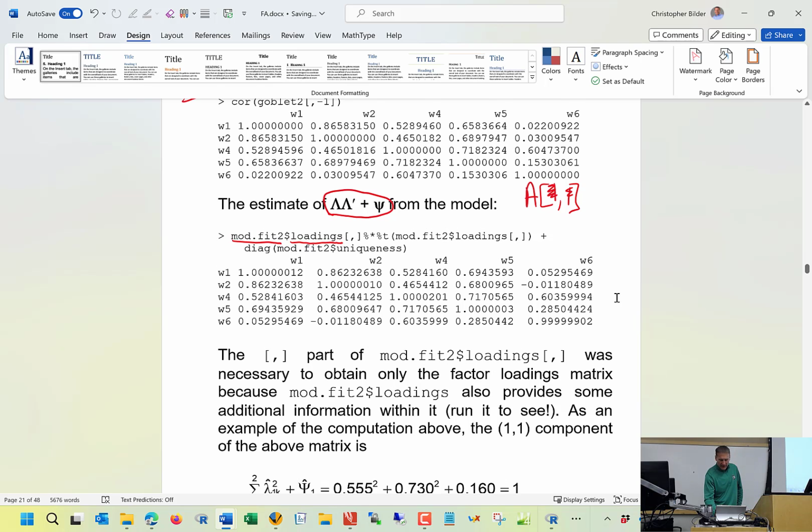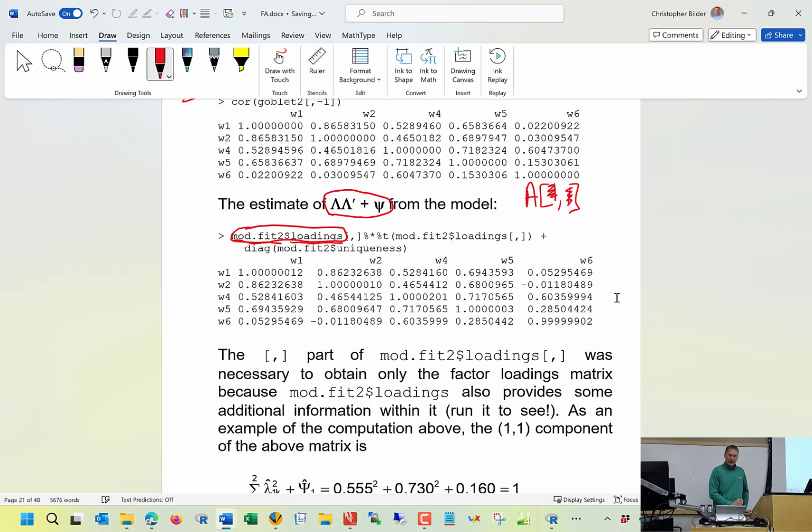If I actually put nothing in there and just put a comma, I get the entire matrix. And I urge you to, after class on your own, because we're running out of time, I don't want to go through the details, just execute that set of code. And you're going to get the factor loading matrix and some other stuff that we don't want. But if I just say mod.fit2$loadings, bracket, comma, and bracket, I just get the matrix itself.